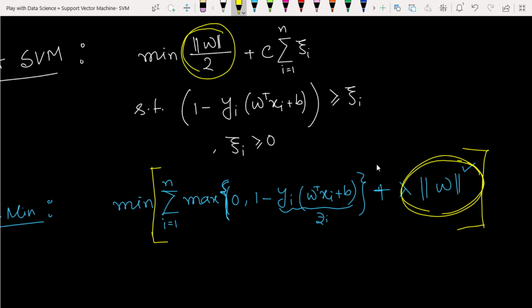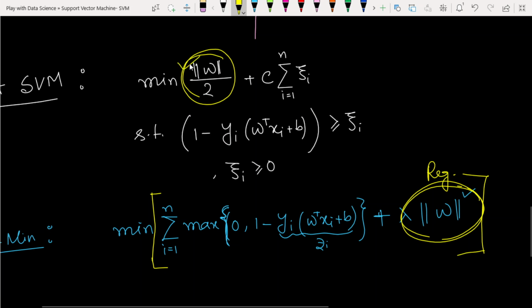Both are the norm of w. Here 1 by 2 is a constant, so you can easily neglect it. This portion and this portion are the same thing, we are just taking the norm of w. So this is our regularizer term, and here as well we have taken it as a regularizer.